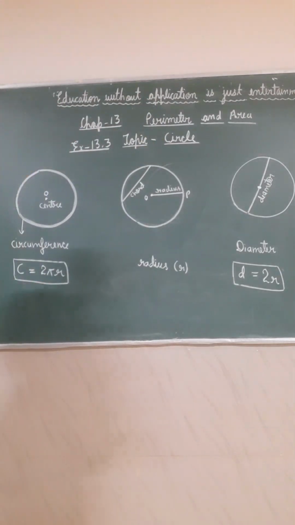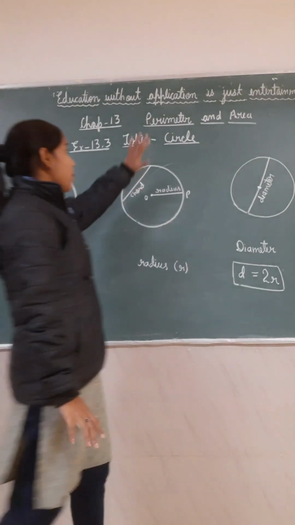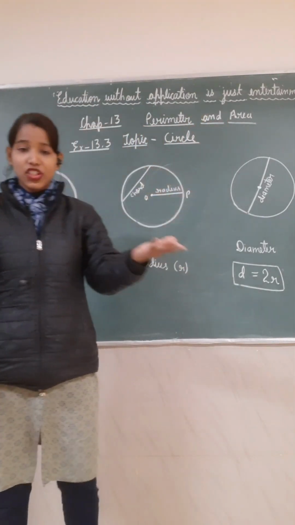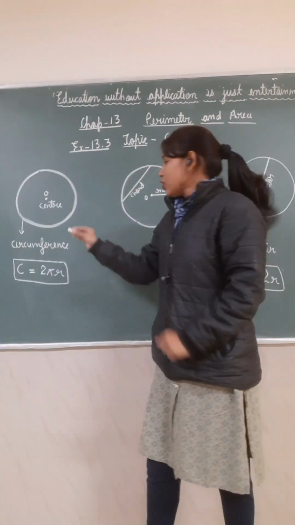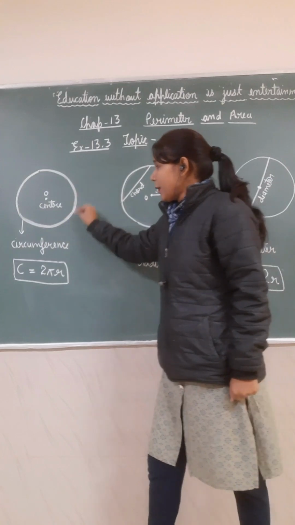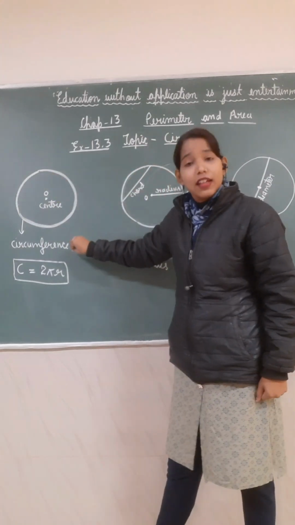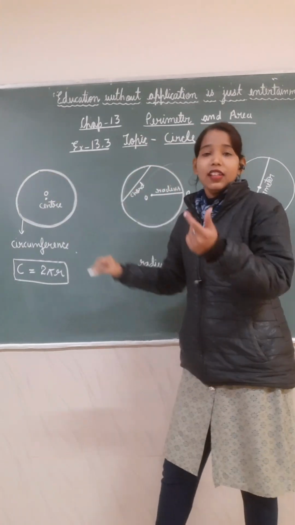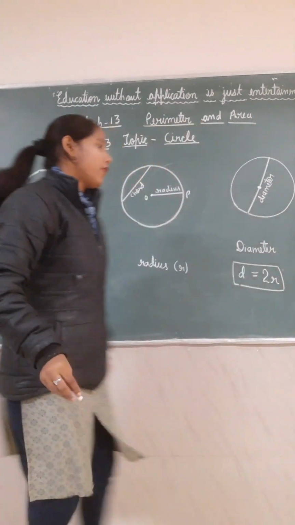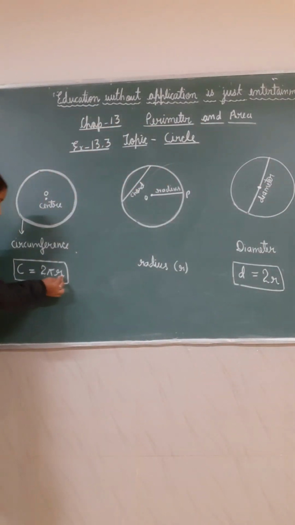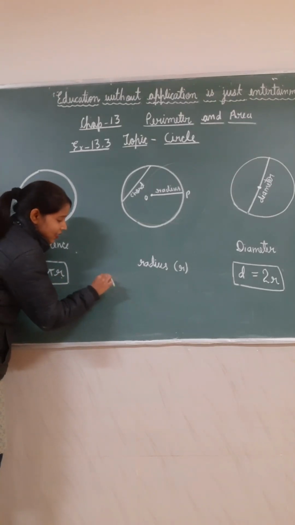So in this chapter we are going to study the perimeter and area of the circle. The perimeter of the circle is the circumference of the circle, and the formula for it is 2 pi r, where r is the radius and C is the circumference. And what is pi?